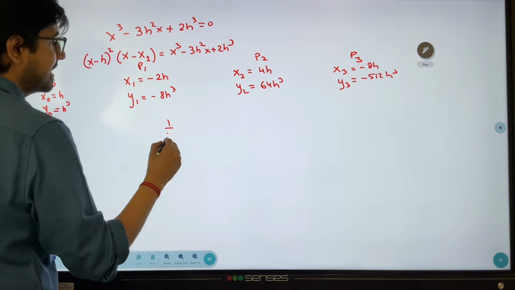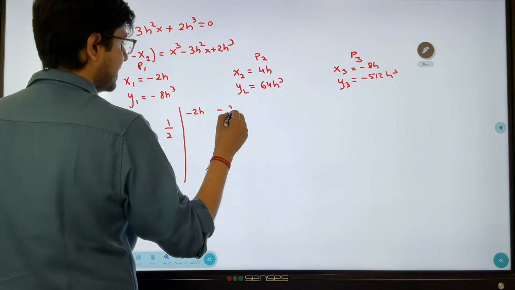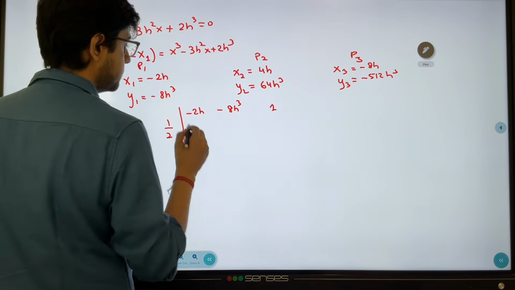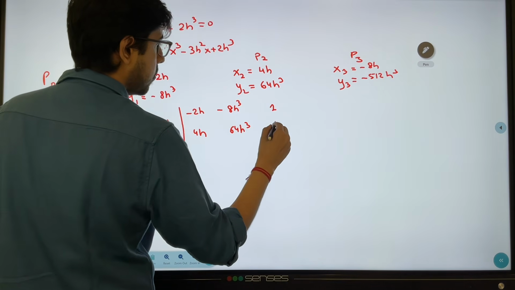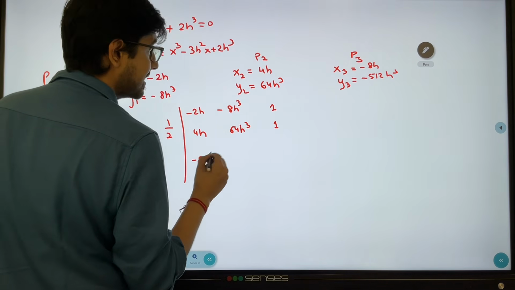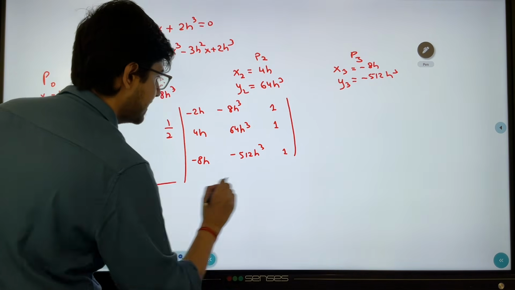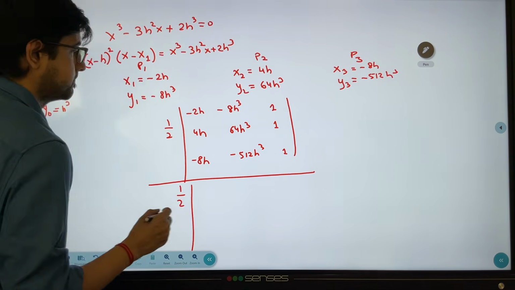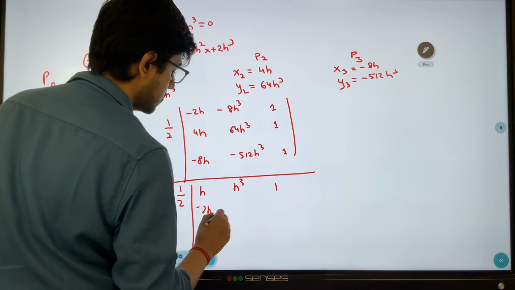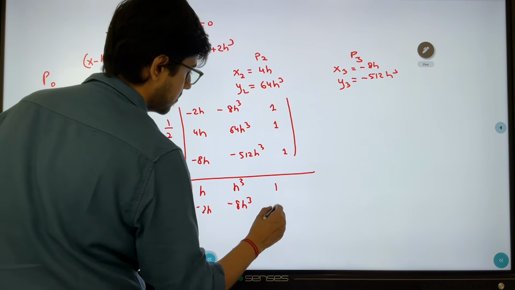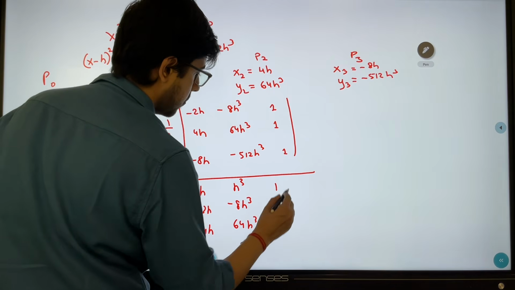We just need the area, so half of the determinant with rows (minus 2h, minus 8h cubed, 1), (4h, 64h cubed, 1), (minus 8h, minus 512h cubed, 1) divided by half of the determinant with rows (h, h cubed, 1), (minus 2h, minus 8h cubed, 1), (4h, 64h cubed, 1).